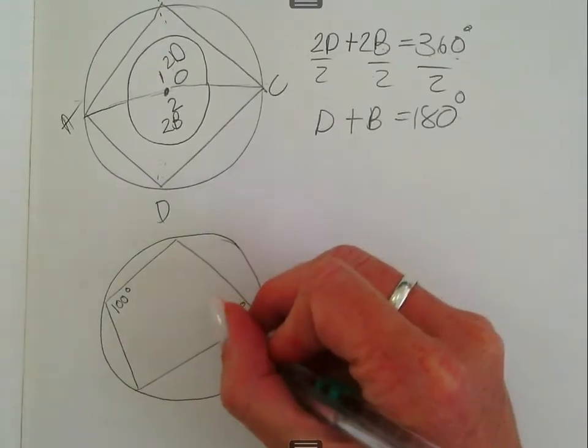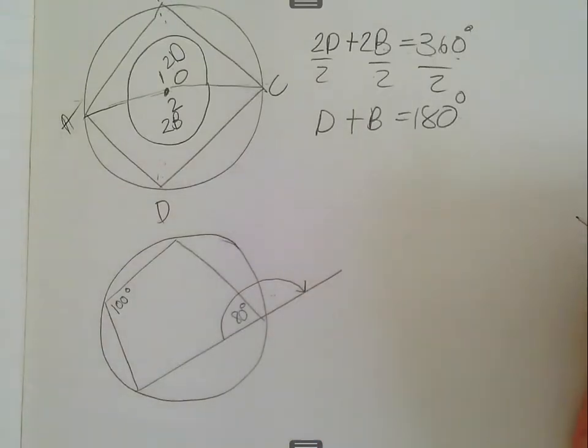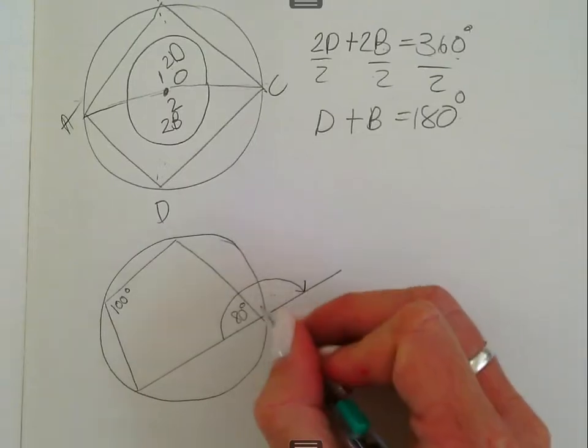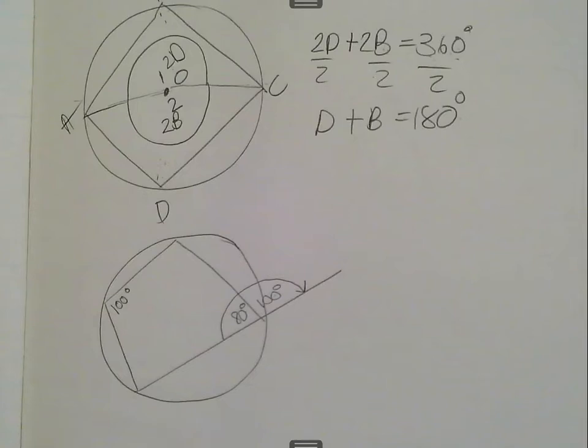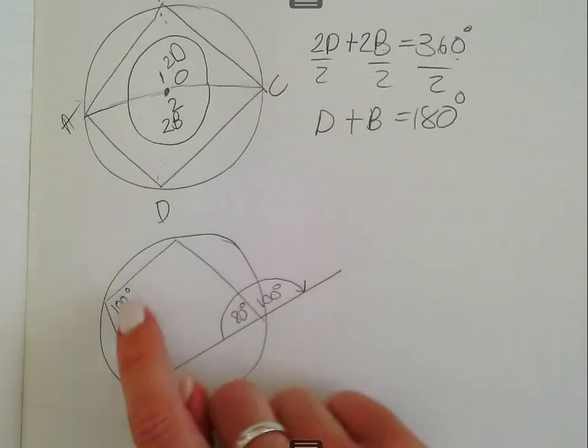Okay. And these two angles are adjacent on a straight line. No? Okay. So what will that angle be? 100. So that brings us to the theorem of the exterior angle of a cyclic quad. That the exterior angle will be equal to the opposite interior angle.